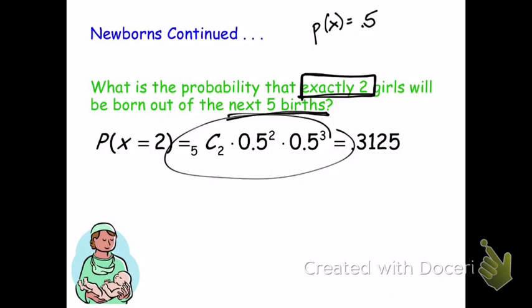Okay, so what you're going to do in your calculator, I'm going to say the probability that x equals 2.